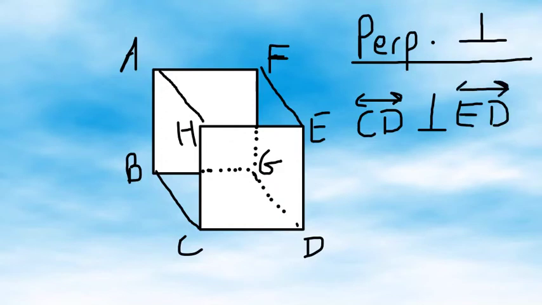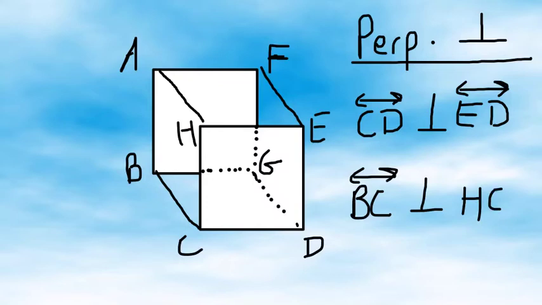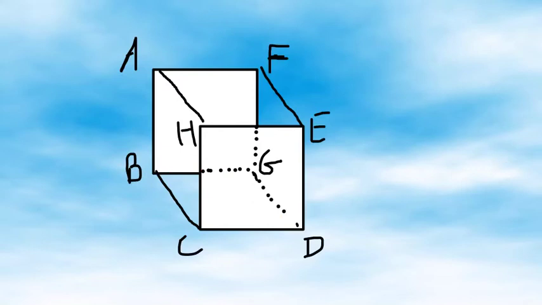Really, any two segments or two lines that meet are considered perpendicular. So for example, BC would be perpendicular to HC. BC would also be perpendicular to BG or CD.